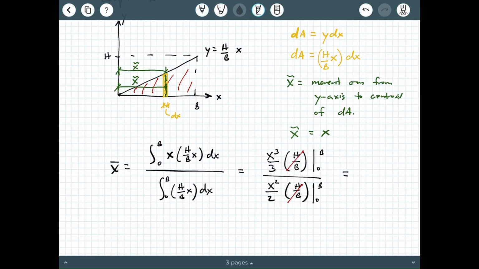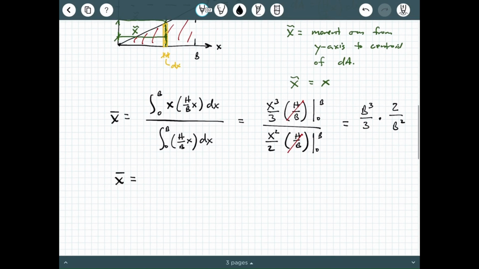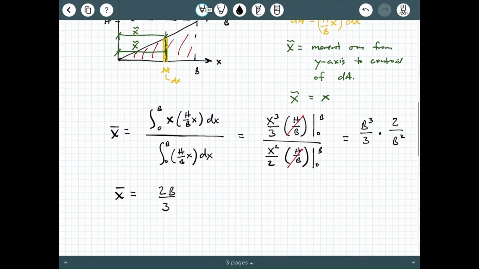And really what's important is that we don't cancel anything just yet with the variables, because we have to substitute in these integration limits. So we're going to end up with b cubed over 3 multiplied by 2 over b squared. I just skipped an algebra step here, but you maybe want to work out some steps in between so you can see it more clearly. But I get x bar is equal to 2b over 3.